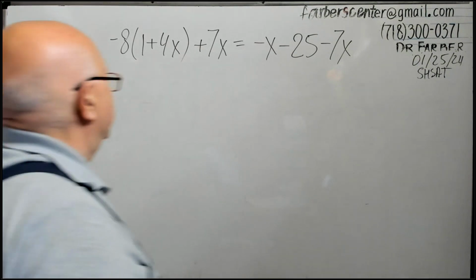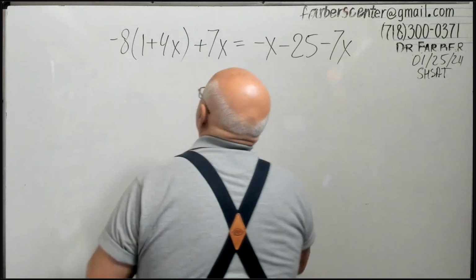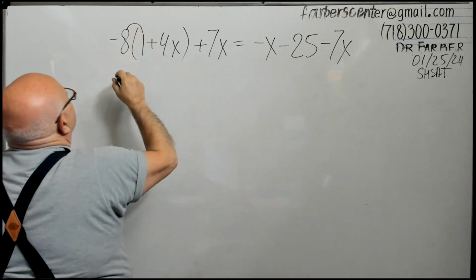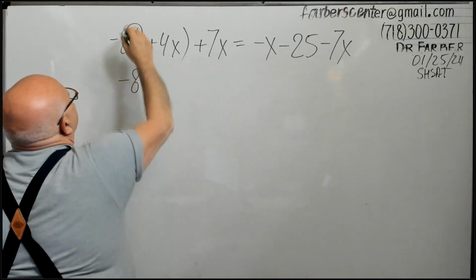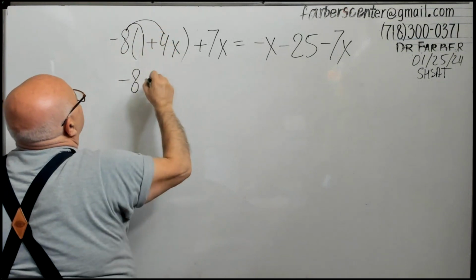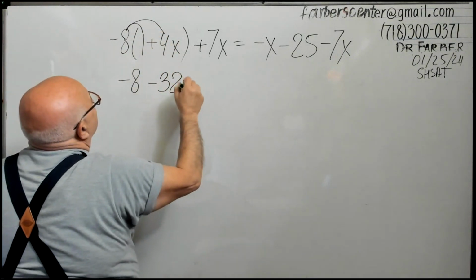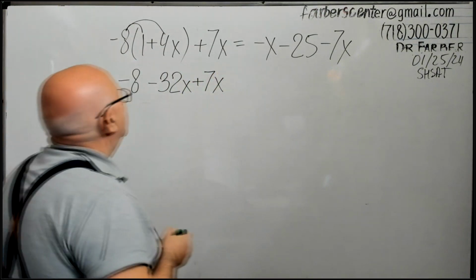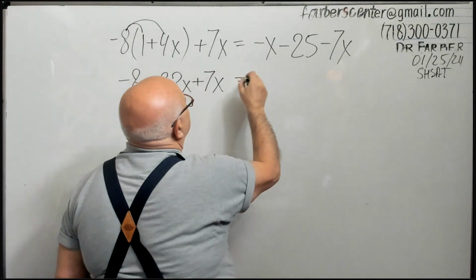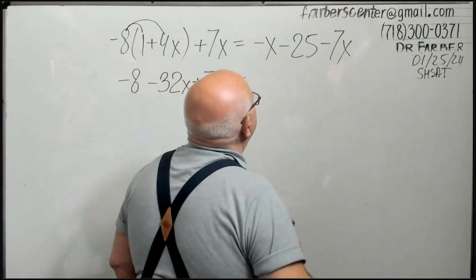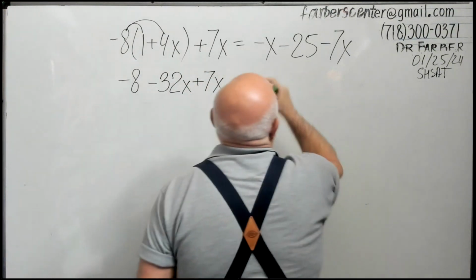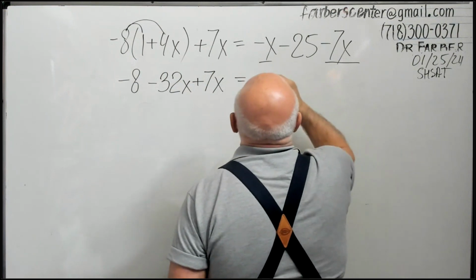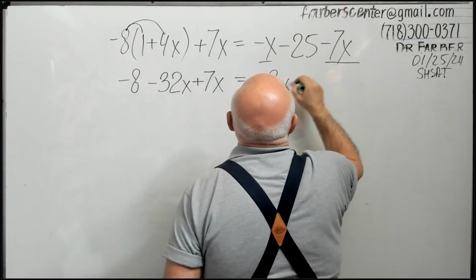Well, students, look at this. Step by step, distribute. Negative 8 times 1 is negative 8. Negative 8 times 4x is negative 32x plus 7x equals negative x minus 7x, combine like terms, is negative 8x minus 25.